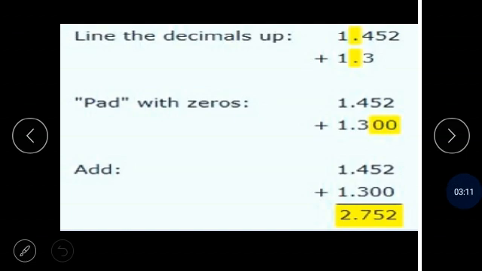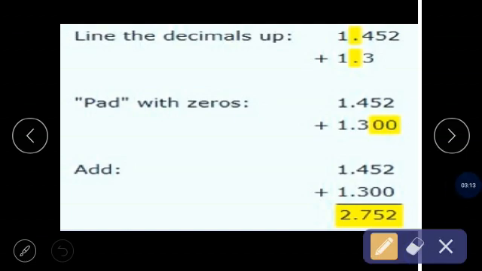Here you see, 1.452 and 1.3 are given. Here you have to line up the decimals, so just below the decimal point there should be a decimal point. After that, you have to pad with zeros. Pad with zeros means you have to change them into like decimals.